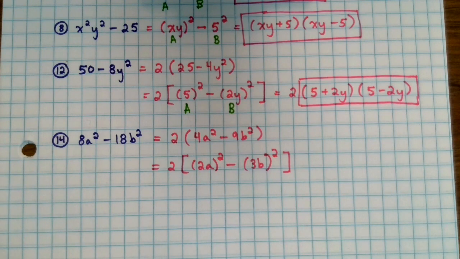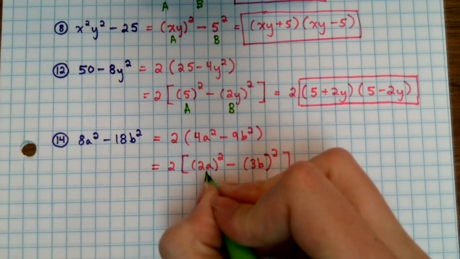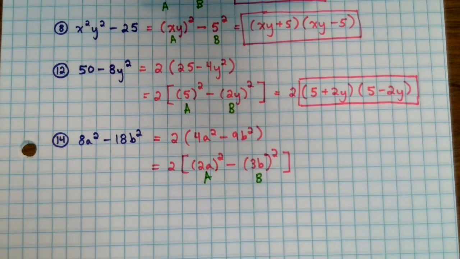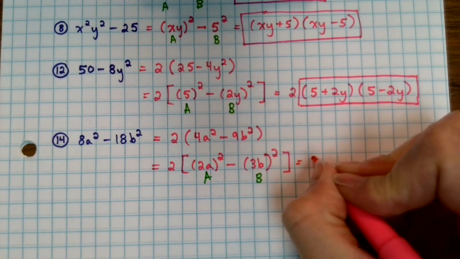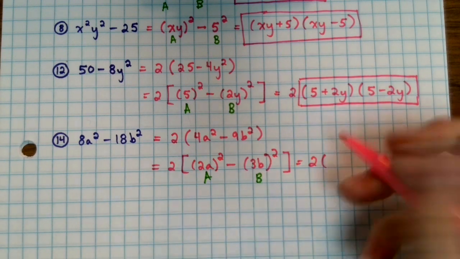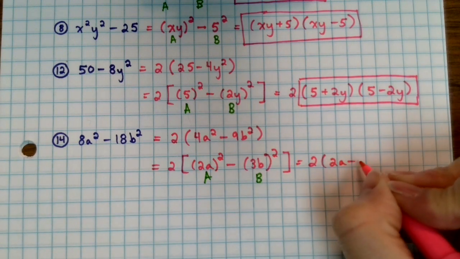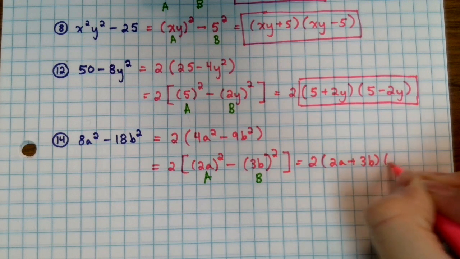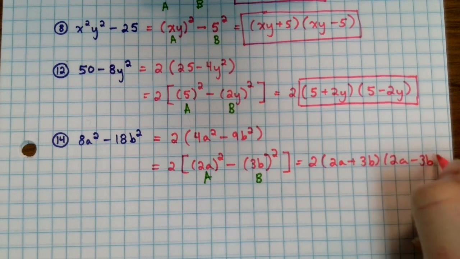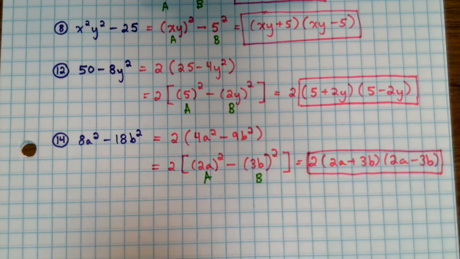So now, again, we can see here's our a value, here's our b value. So difference of squares says that when we factor it, it turns into a plus b times a minus b. So we're going to have 2, because again, we still have to carry that along, 2a plus 3b times 2a minus 3b. And that would be it for this question.